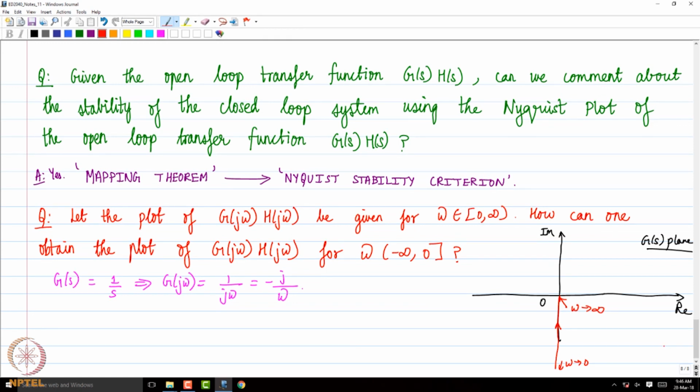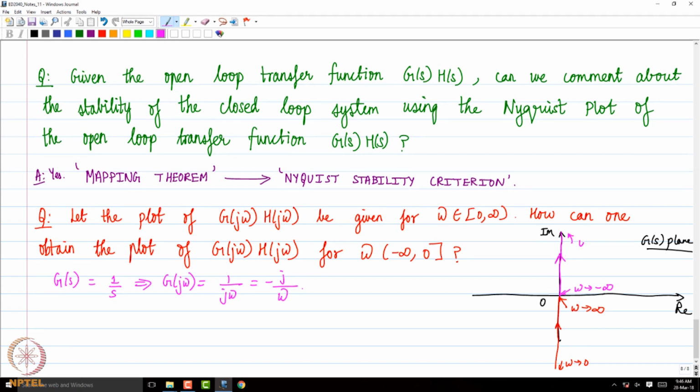What is the value as it tends to minus infinity? It will be 0. And as it goes to 0, it will blow off to plus infinity because it is coming from the negative side. So it will start from here as omega goes from minus infinity, and then go to plus infinity.